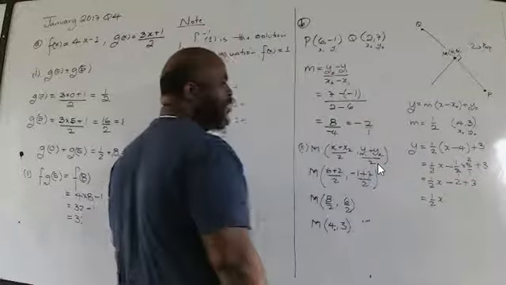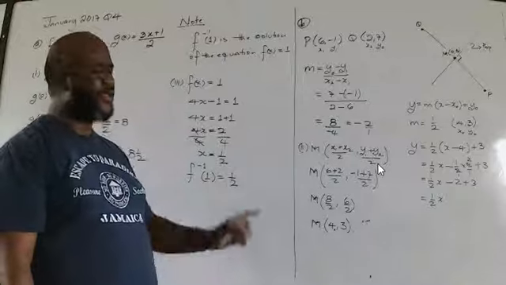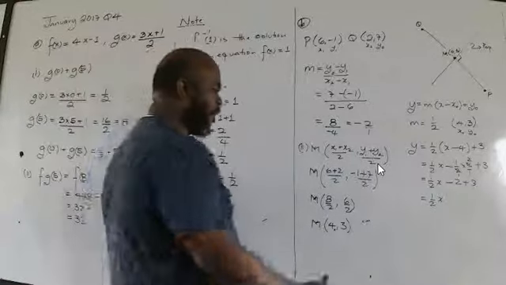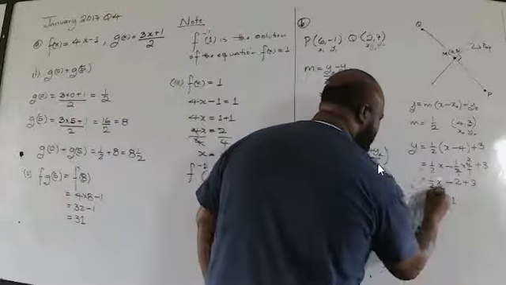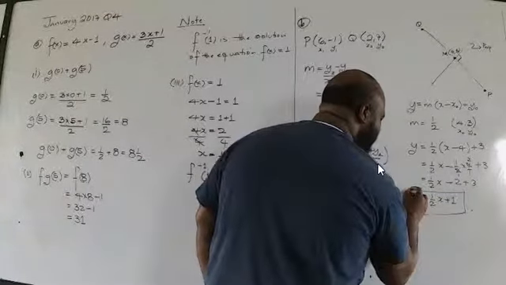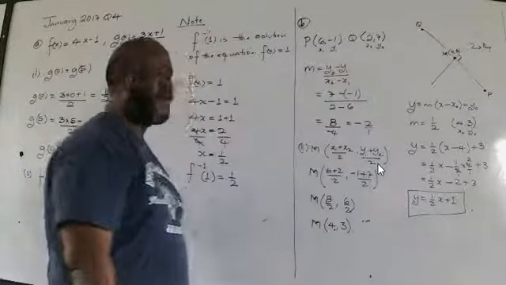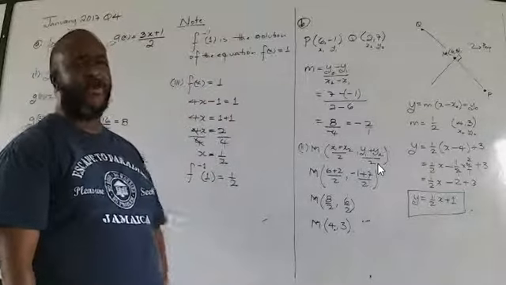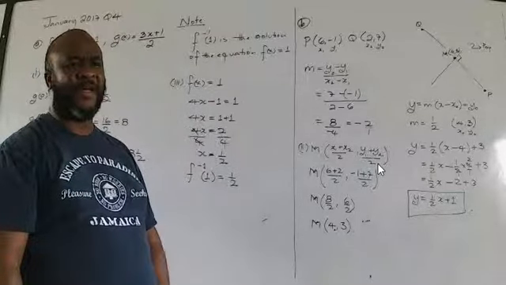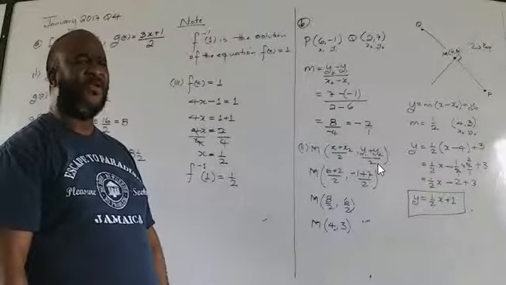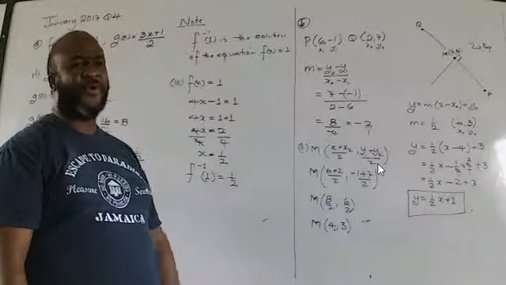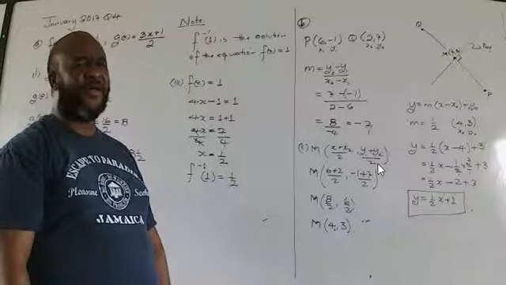What is minus 2 plus 3? 1. Plus 1. Ladies and gentlemen, y is equal to a half x plus 1 is the equation of the perpendicular bisector.